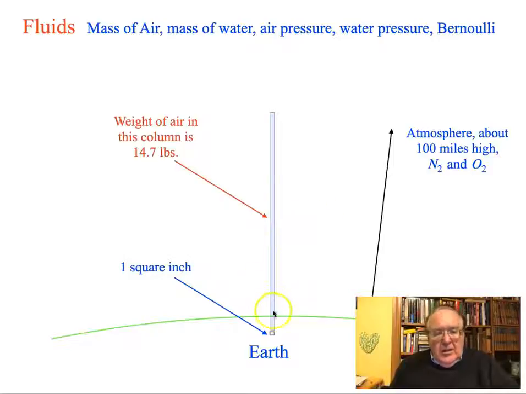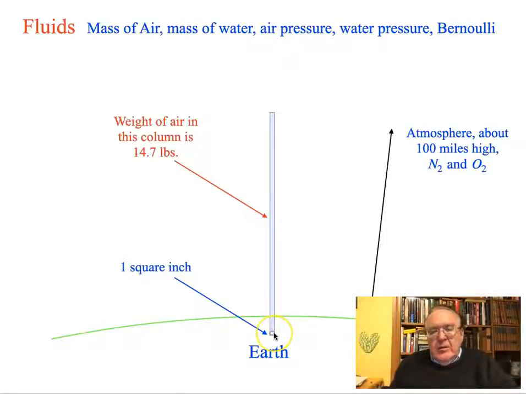If you were to take 1 square inch on the Earth's surface and take a 1 square inch column all the way out to space, and weigh how much air was in that volume, in this square inch tube, it would be 14.7 pounds. If you were just to take that much air and put it on a scale and weigh it, 14.7 pounds.